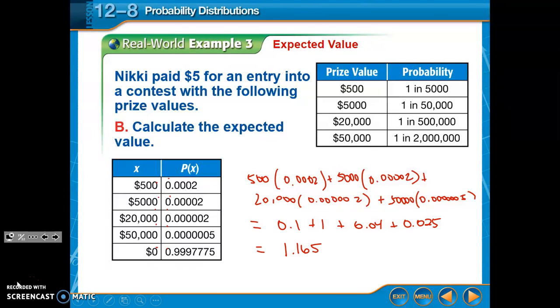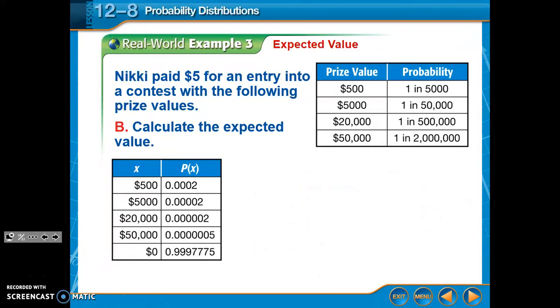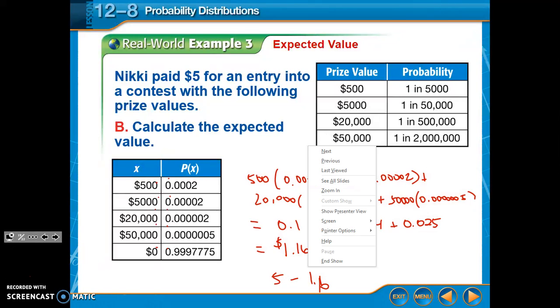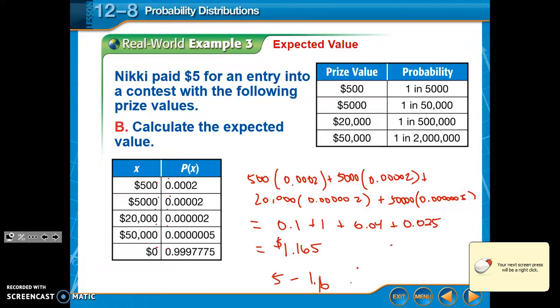Okay, so when I do this, I get 1.165. So that would be the expected value. If people are paying $5 to enter this and this is the expected value that each person would get back, then the people who are running this contest would stand to make 5 minus 1.165.